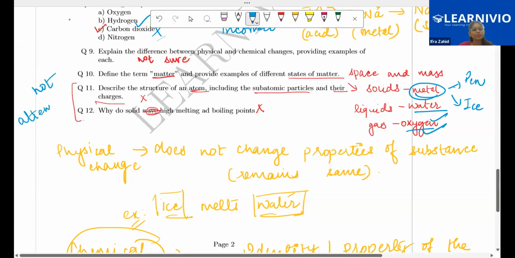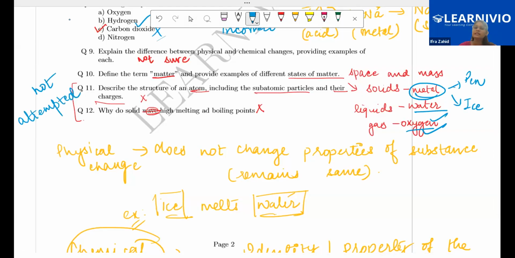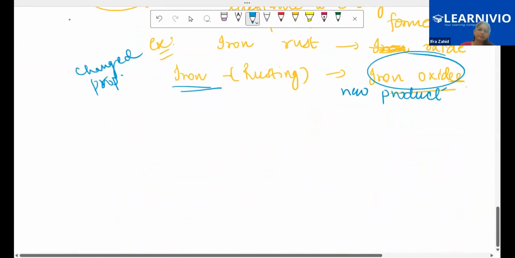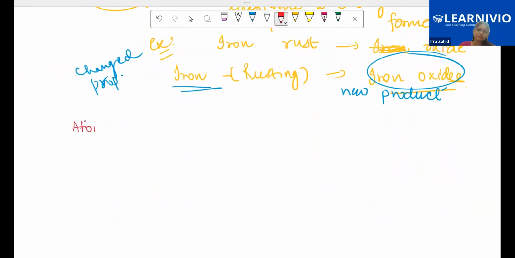Okay. Now you didn't attempt the next two questions, but we'll still discuss them. Describe the structure of an atom, including subatomic particles and their charges. What do you understand by an atom? Atom is like the smallest type of micro matter inside the cells in your body. The smallest unit of matter.